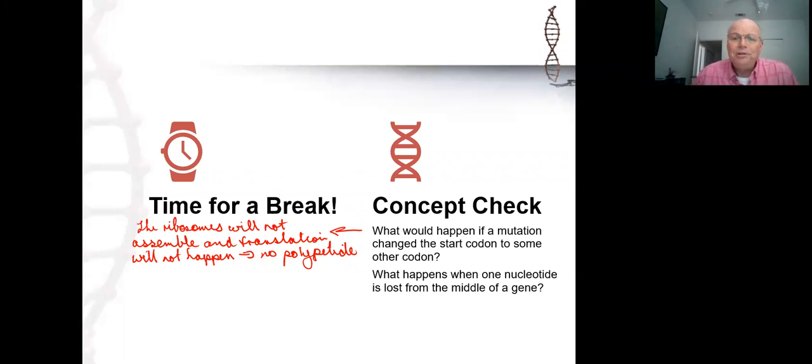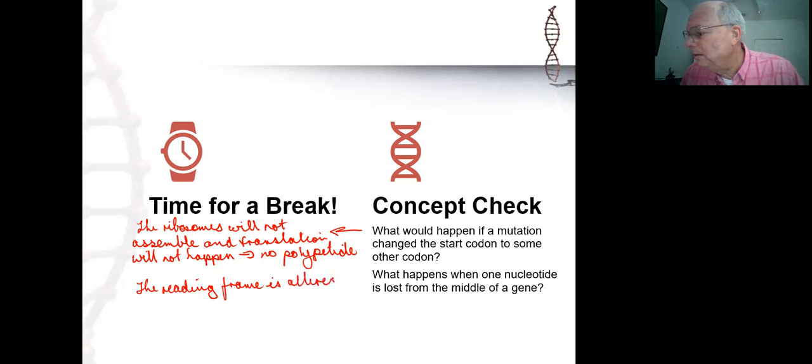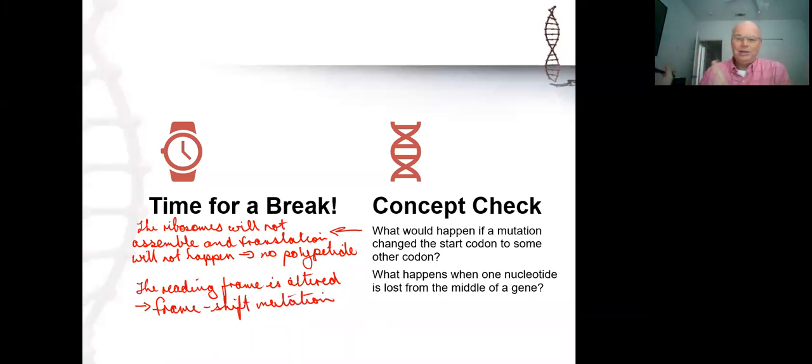What happens when one nucleotide is lost from the middle of the gene? So the reading frame is altered, which is always referred to as a frame shift. I didn't put that in earlier, but this is called a frame shift mutation because we're altering the reading frame. We're moving everything sideways to change the reading frame. So that's why it's called a frame shift mutation.